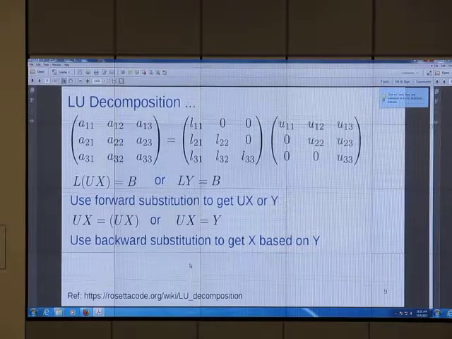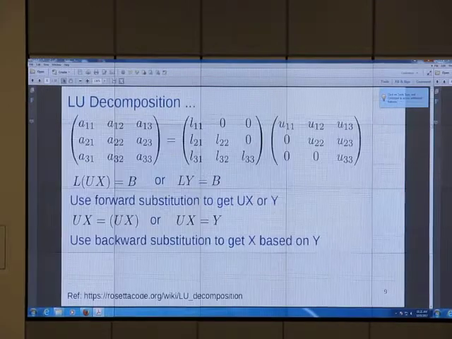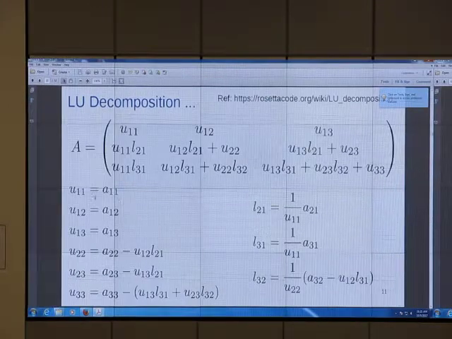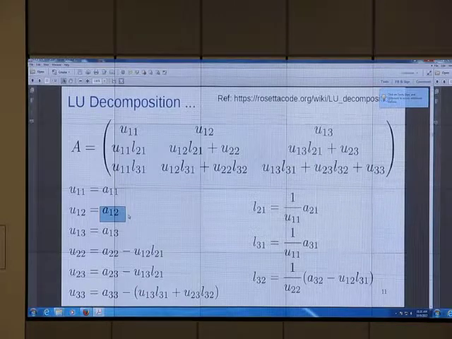Alright? Why can we just replace it? The reason is, we never reuse. If you look at the formula, we never reuse. We use U11 equal to A11, and then we don't have to use A11 anymore. We can replace that. We use A12 just once, and then we are done.